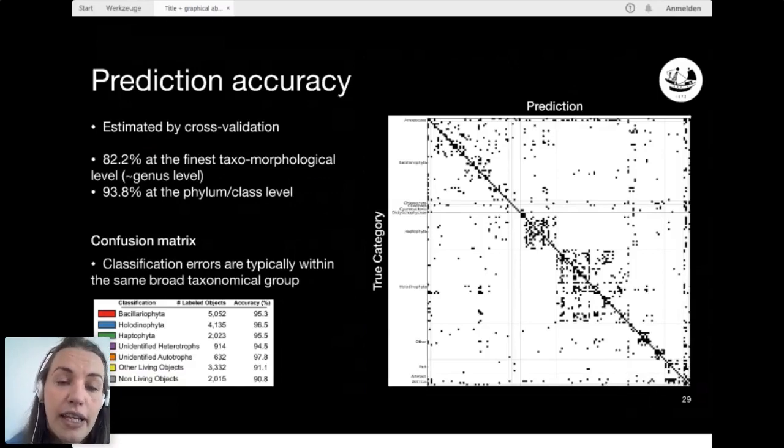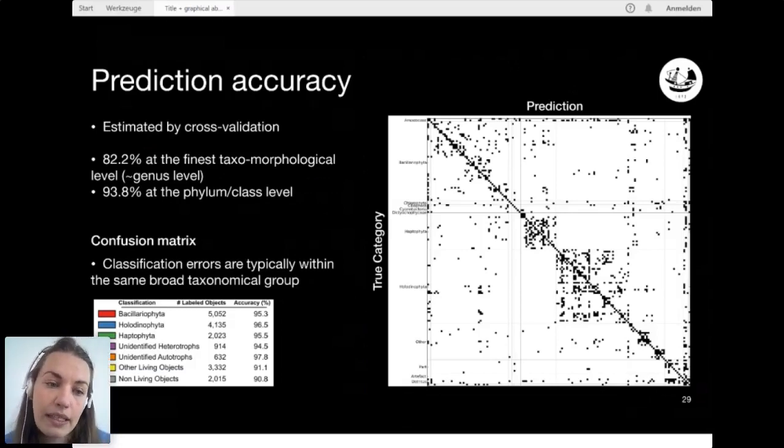The prediction accuracy is estimated by cross-validation. It reached more than 80% accuracy at the finest level, the genus level, and even more than 90% on the phylum class level.